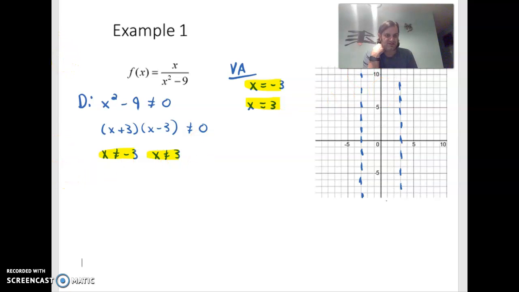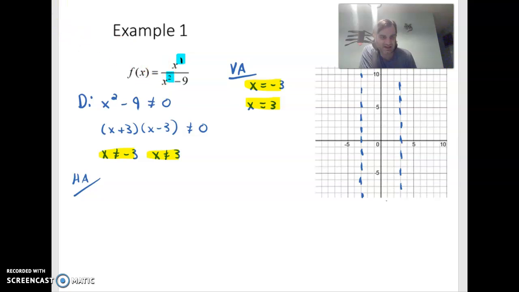The next thing we want to do is look at the horizontal asymptote. In that case, we look at the exponent on the numerator and the exponent on the denominator. The exponent on the numerator, you don't see it, so it must be 1 there, x to the first. And on the bottom, x squared.